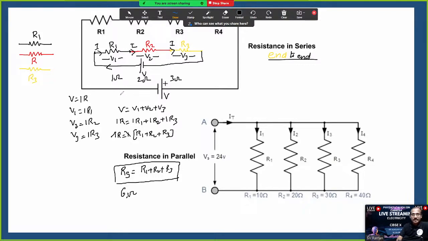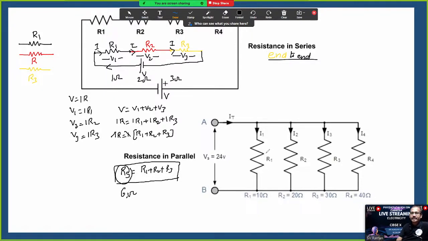So what you understood is, if you connect any number of resistors in series, the total resultant resistance is always greater than the individual resistances. So we will get maximum resistance.